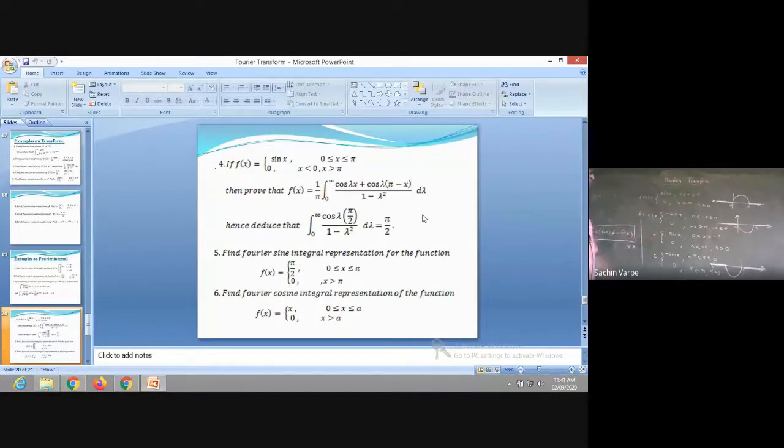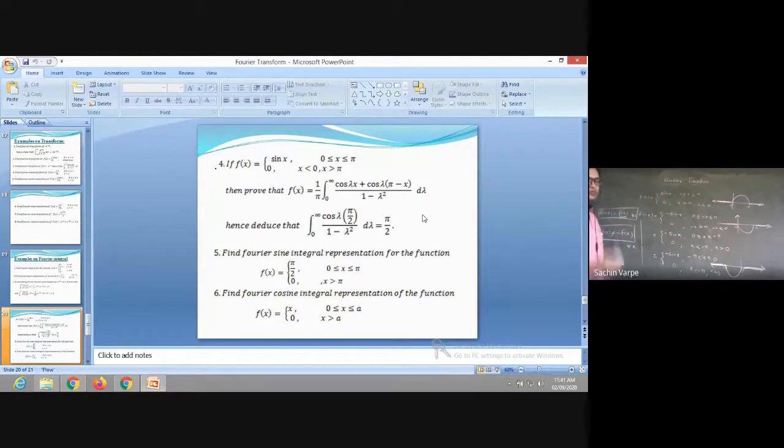So the function is not an odd function. I think the function is not even also, right? That does not retain the original function. What is the definition of an even function? If f of minus x retains the original function as it is for all x, then that will be an even function. So this function is neither even nor odd.